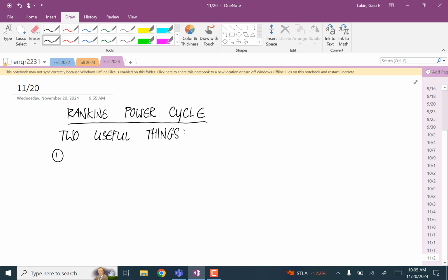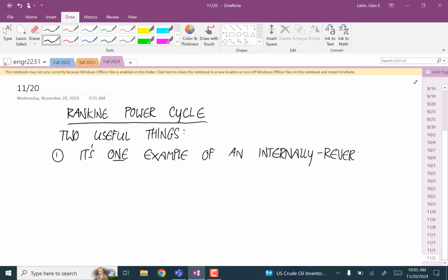The first one is that it's one example of an internally reversible power cycle, and it's simple enough that we can use it to derive some of the equations that I just kind of gave you cold when we were talking about the Kelvin-Planck statement of the second law.